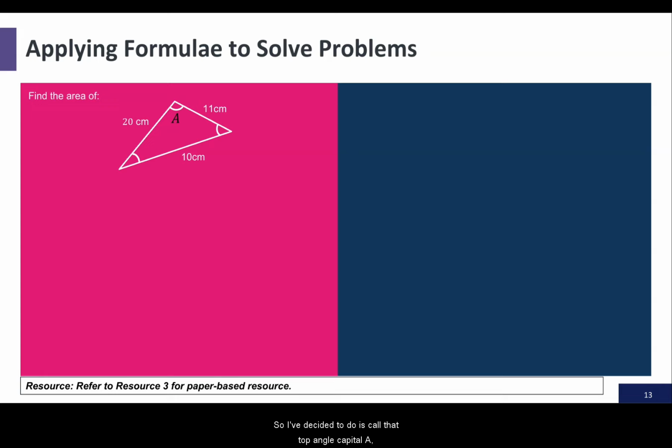What I've decided to do is call that top angle capital A, call 10 lowercase a, the 20 centimetre side is B, the opposite angle is capital B, the 11 centimetre side is lowercase c, and the opposite angle is capital C. Remember from the previous video, if we need to find an angle, we are using the cosine rule.